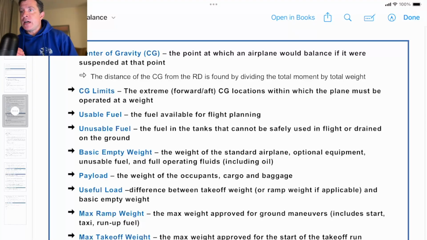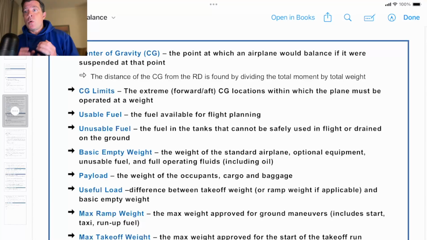Now, I will say there are a couple of FAA questions where it does not include oil, so you have to add the oil in there. Just a quick sidetrack: pay very careful attention on the questions to see if the oil is included or not.